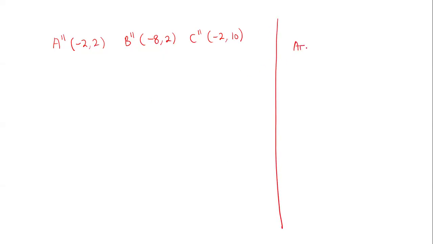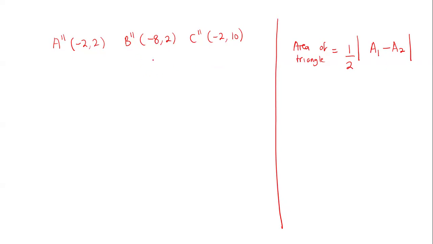We say that the area of the triangle is given by 1/2 the magnitude, meaning we don't want a negative, of A1 minus A2, whereby A1 is the product of elements along the major diagonal, and A2 is the product of elements along the minor diagonal.